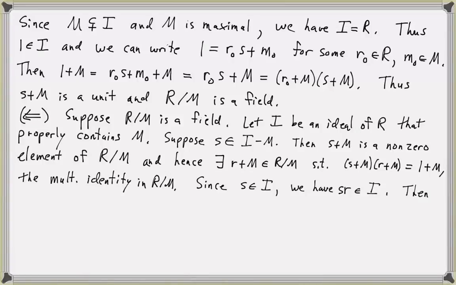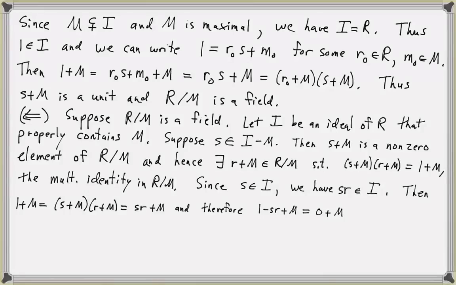But then I can write the coset 1 plus M as S plus M times R plus M, but by definition of multiplication of cosets, we have SR plus M, and therefore 1 minus SR plus M, this coset must be equal to 0 plus M, which is just equal to M.